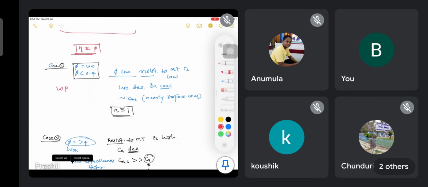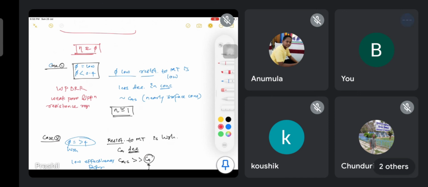Because your phi is less, that means your resistance to mass transfer is less, so it is the weak pore diffusion resistance regime.